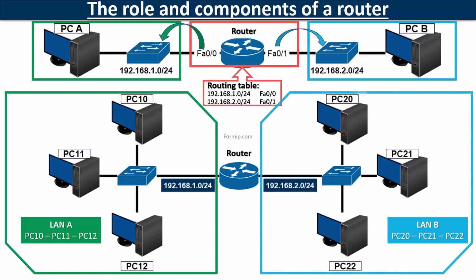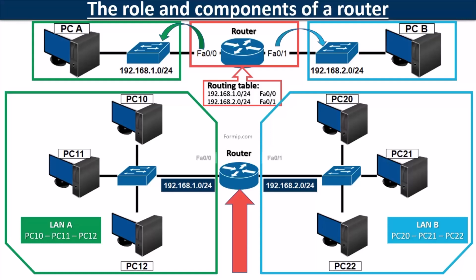The LAN-B communicates only with the PCs 20, 21, and 22, which belong to the network 192.168.20. A PC that is part of LAN-A cannot communicate with a LAN-B PC without the help of a router. Routers are the ones that allow communication between hosts that are not in the same network.